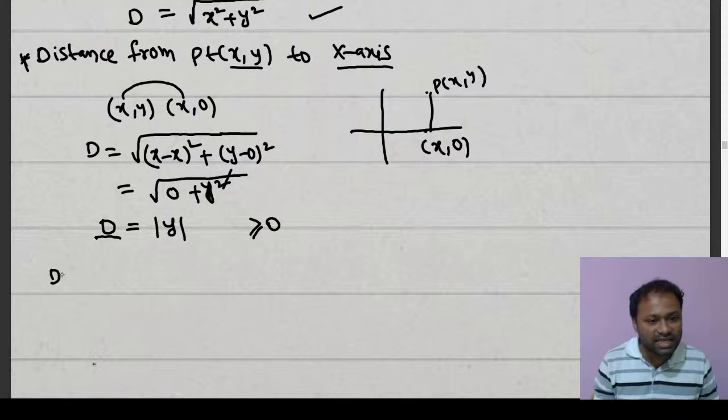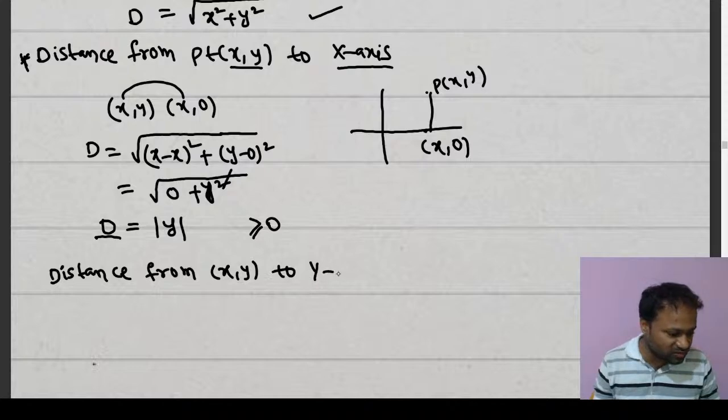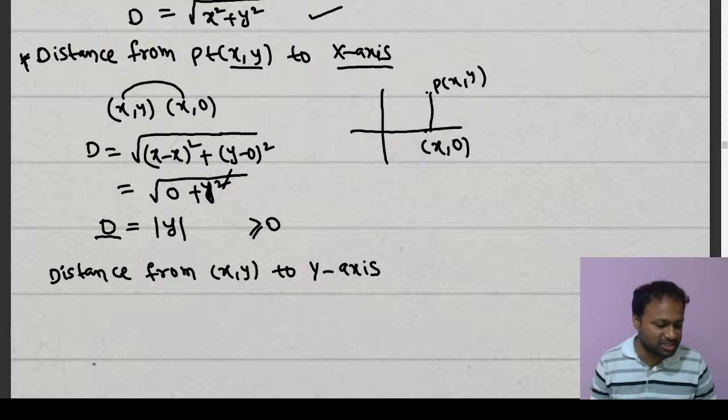What is the distance from y-axis? Anybody? Distance from ordered pair x comma y to y-axis, how will it be? I think the clue is here. Distance from the point to x-axis is modulus of y. Then distance from the point to y-axis is what?